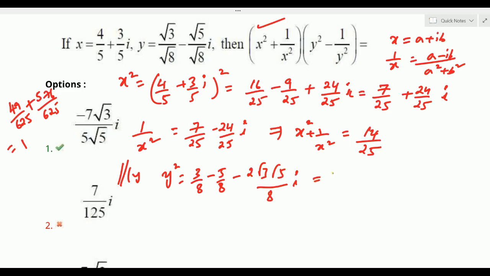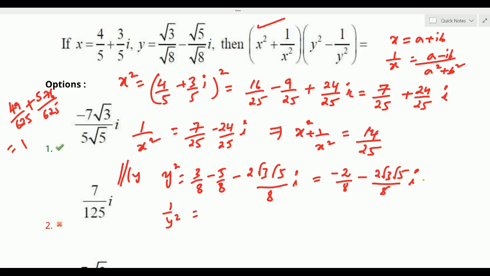Again this is 3 minus 5 is minus 2 by 8 minus 2 root 3 into root 5 by 8 i అంతేనా? సో సేమ్ వే 1 by y square, ఇందాక నేను చెప్పినట్టుగానే.